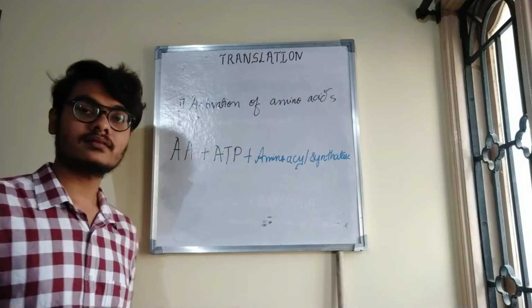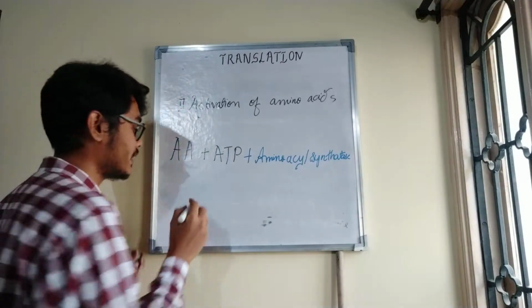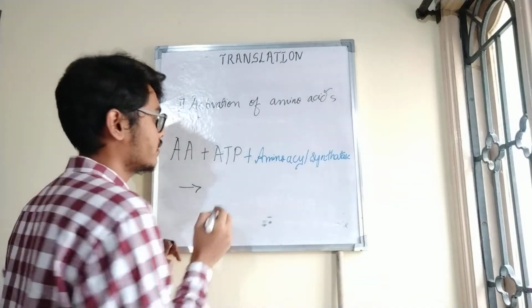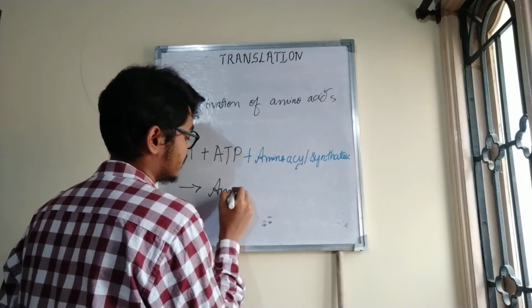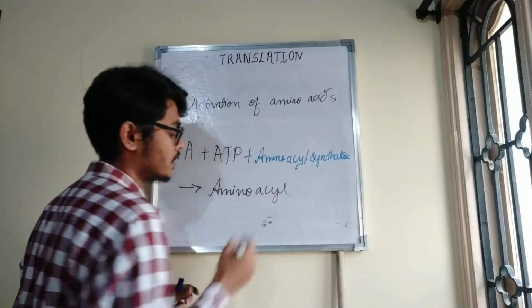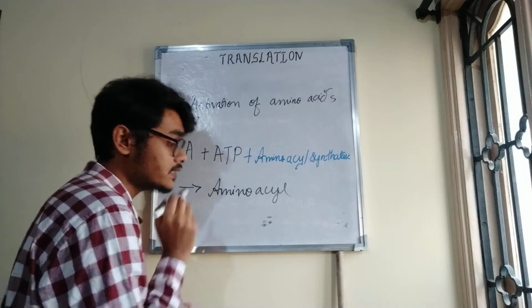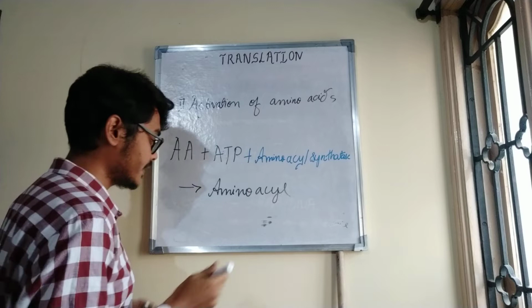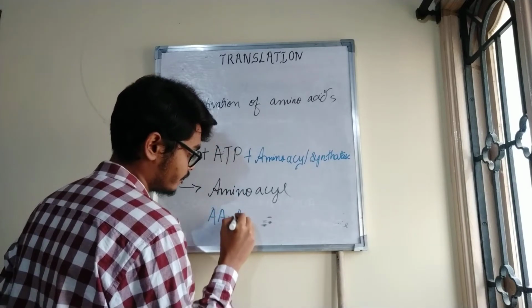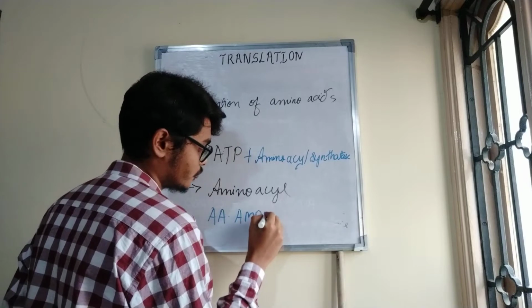Then when these things combine, we get a complex, that is the activated amino acid. We write this as amino acid AMP with the enzyme.